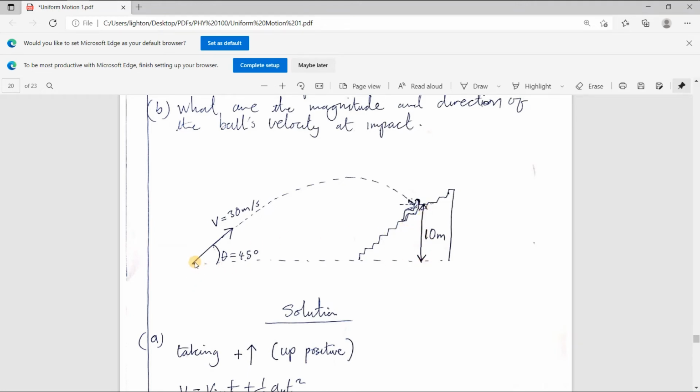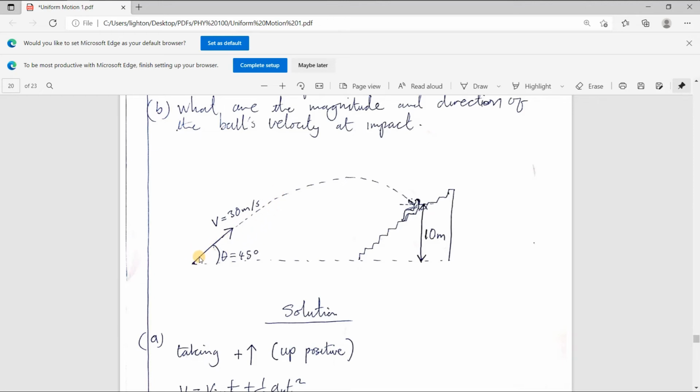But this ball first started from here, went up, reached somewhere here, and then it started going down before it was caught. But at the point at which it was caught, it was also 10 meters below the ground, like that. And there was also this part which is 10 meters below, I mean above.